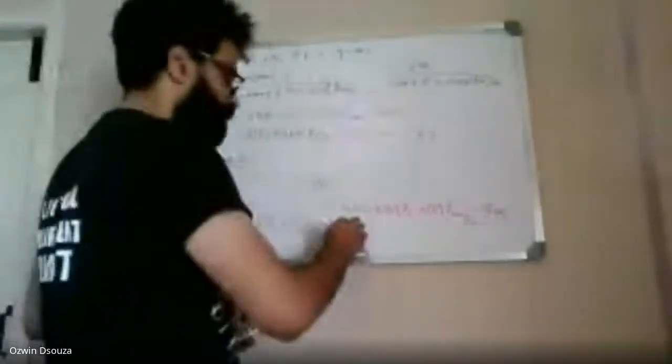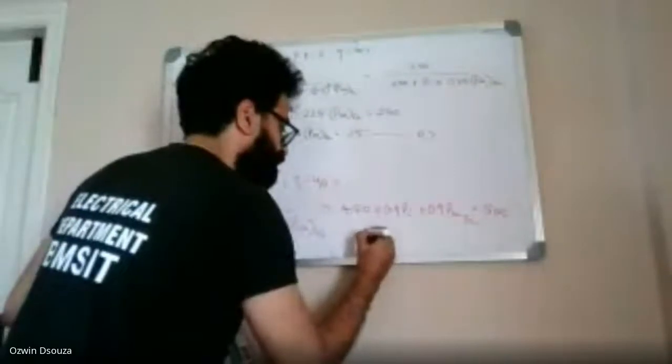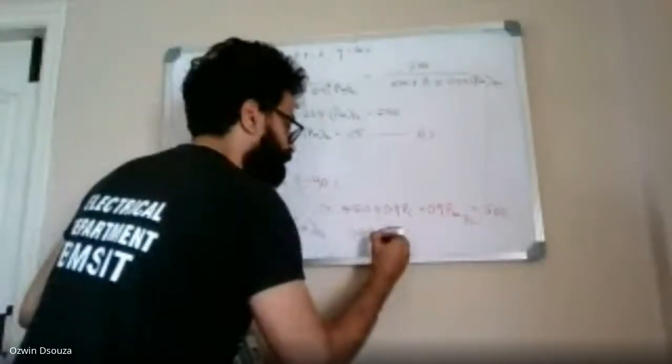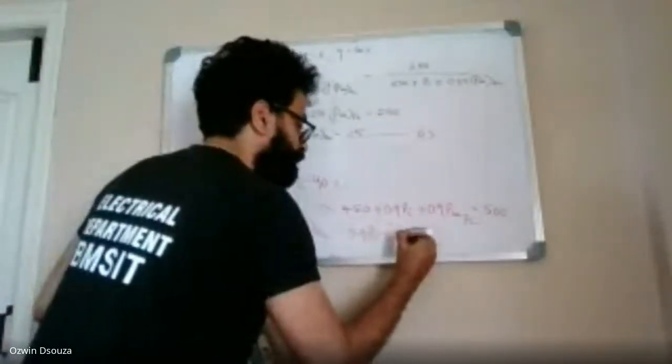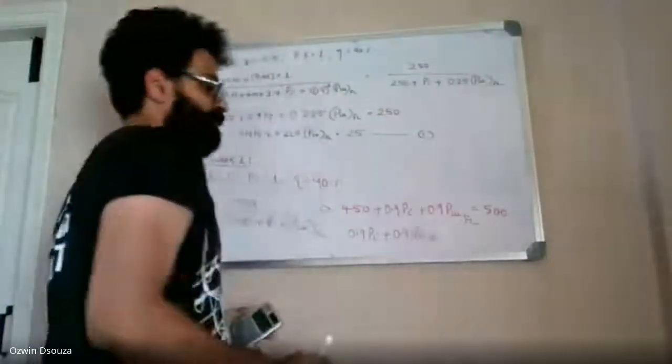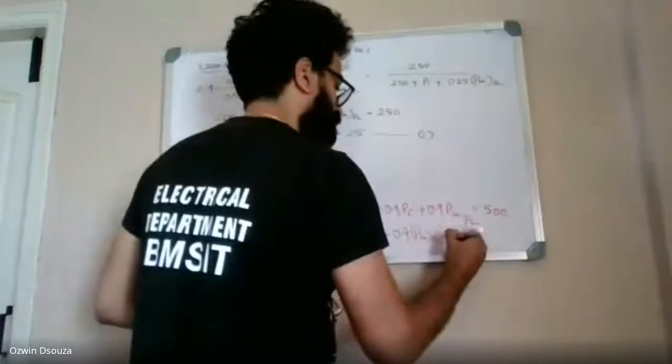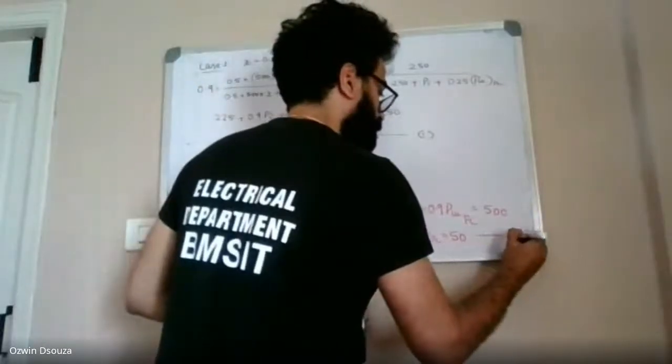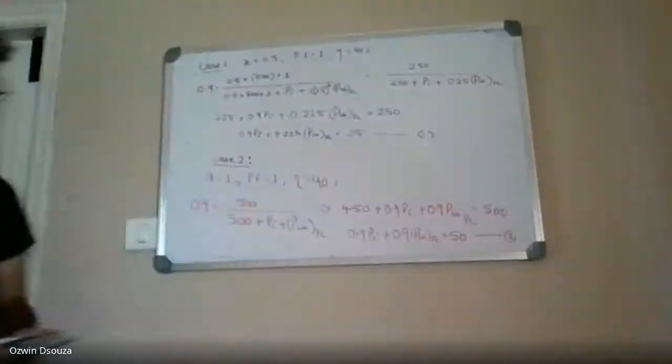Or to simplify this, 450 you can take on the right-hand side. So you will get the equation as 0.9 PI plus 0.9 PCU full load is equal to 50. This is your second equation.